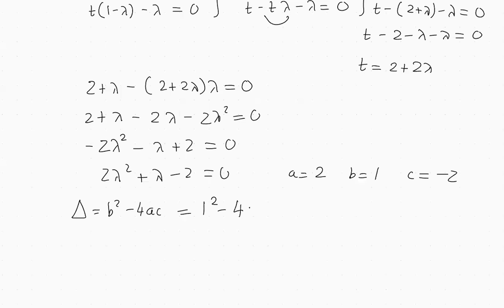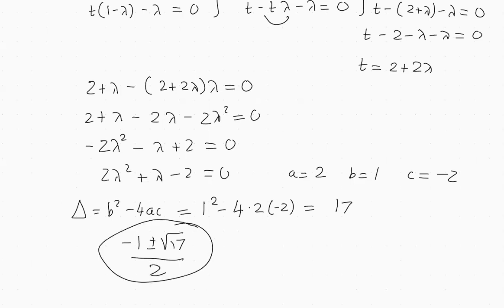So we have two solutions, which are negative 1 plus or minus square root of 17, divided by 4. Okay, so these are the two values of lambda for which these two vectors are going to be parallel.